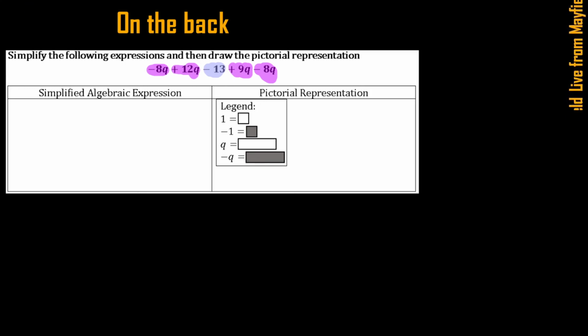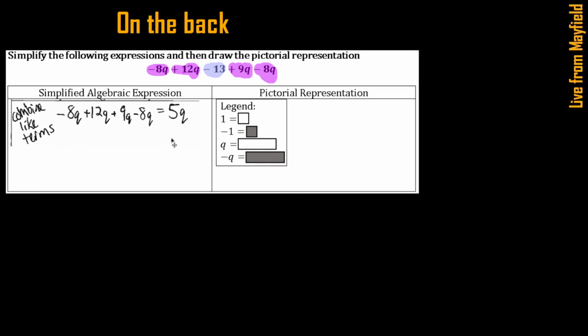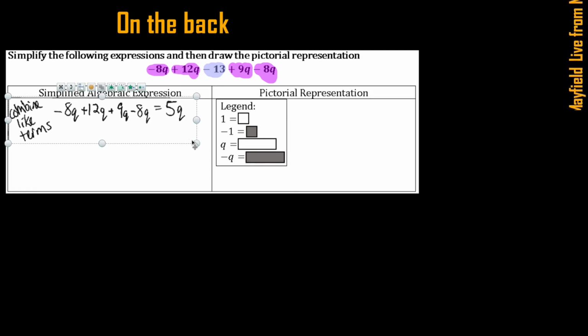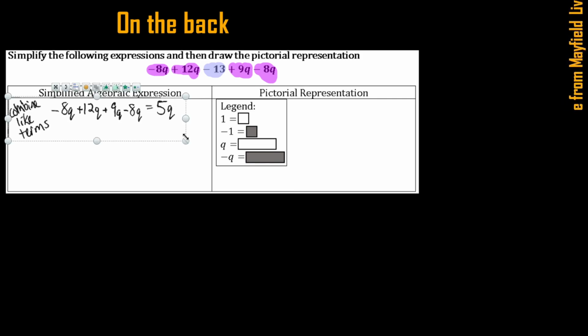Alright, so how am I going to do this? Just like we had before, all you're saying is, I combine those like terms together. So I'm going to have negative 8q plus 12q plus 9q minus 8q. That gives us a result of 5q.